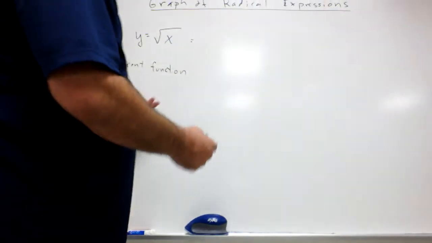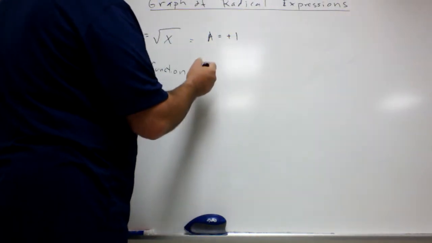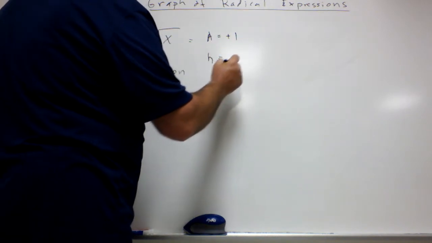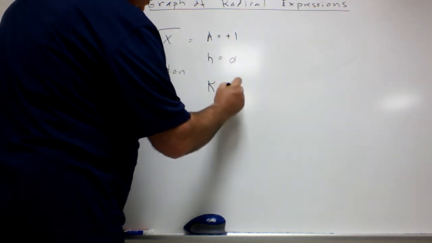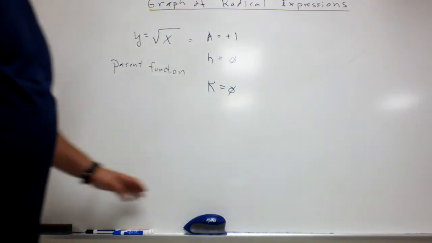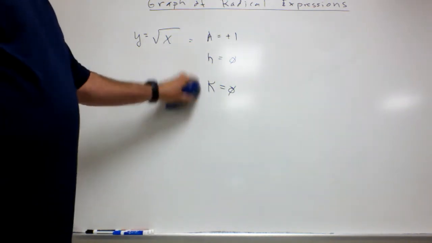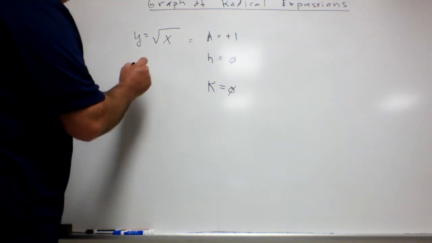If we were going to graph this, what we should note is that a is a positive 1, h is 0, and k is 0. Now that we know the values of a, h, and k, we can graph it a lot easier, because we can make an easy table.